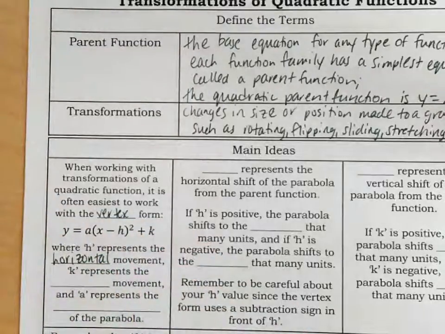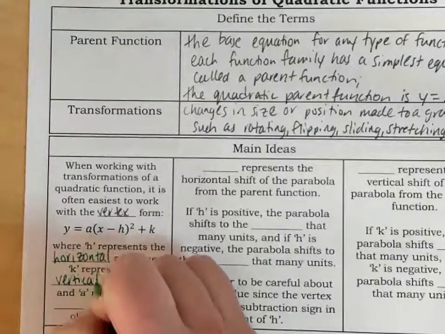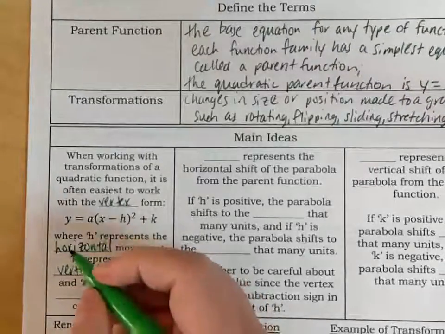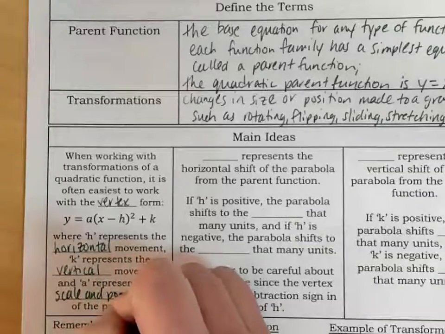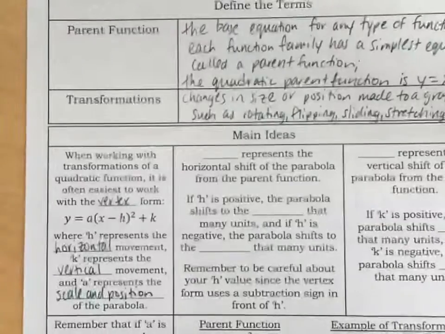So it's easy to see from y equals x squared where we moved left and right. The k represents the vertical movement, so we can very easily see how it is shifted up and down. And a represents the scale and position of the parabola, and we'll explain that a little bit more in a minute.